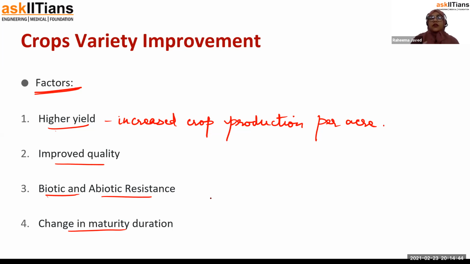This is because it will allow farmers to grow multiple crops in a year, and it will also reduce the cost of crop production, and it will make the harvesting easier, and it will also help in reducing the losses during harvesting. So these are some of the factors which can help in increasing the crop production when maturity duration is changed. So this is from sowing to harvesting. Remember, sowing to harvesting.